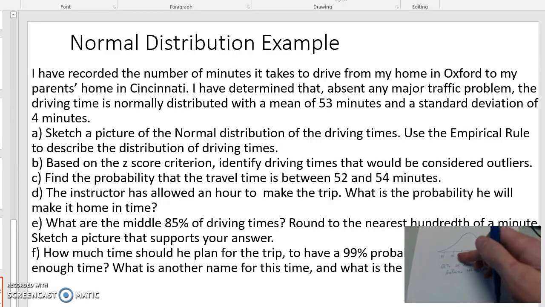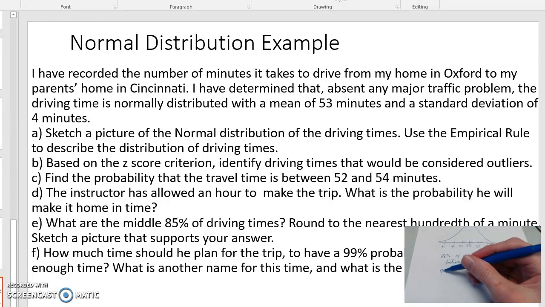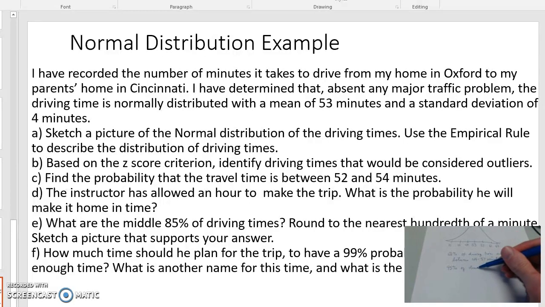And that's 1 standard deviation below and above the mean. 95% of driving times are between, now I go 2 below and 2 above. So it would be between 45 and 61 minutes.